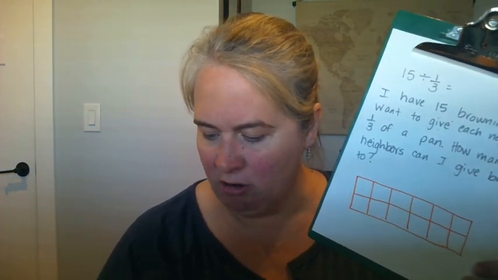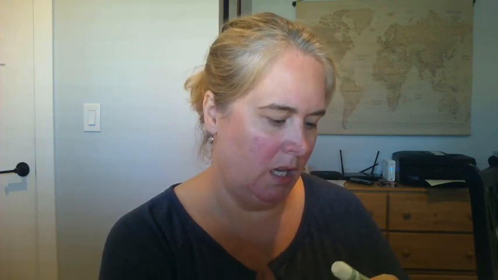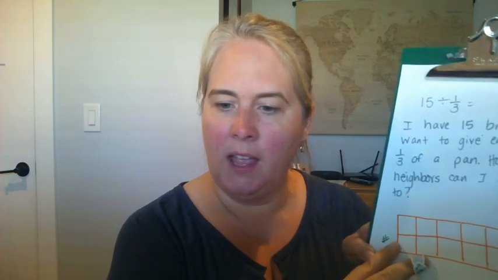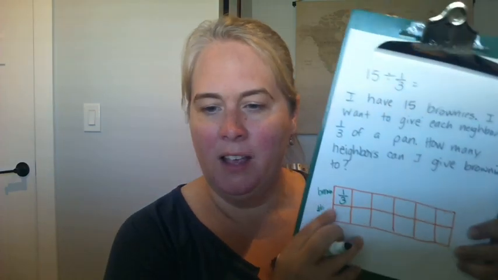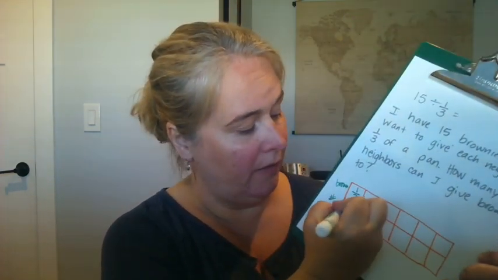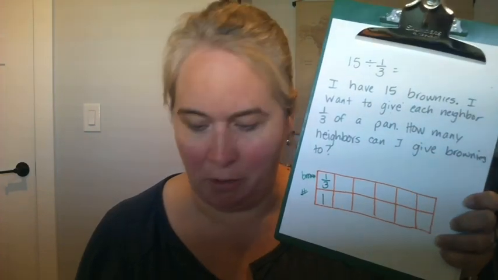So I know that this is going to be the number of neighbors, and this is going to be the brownies. So I know I have 1/3 of a pan of brownies, and I would be able to give that to one neighbor.